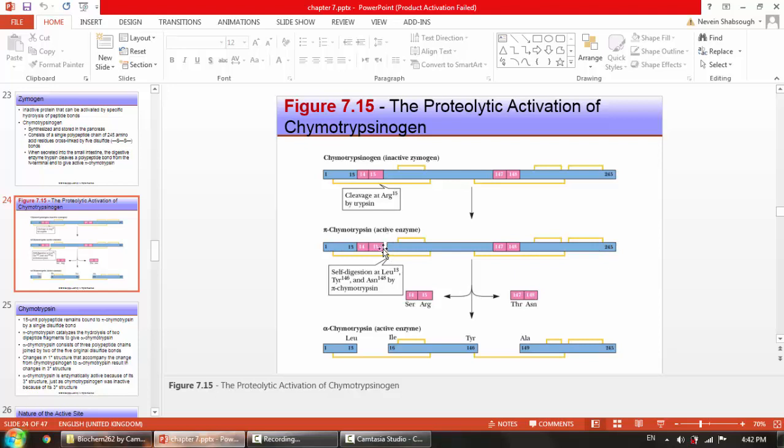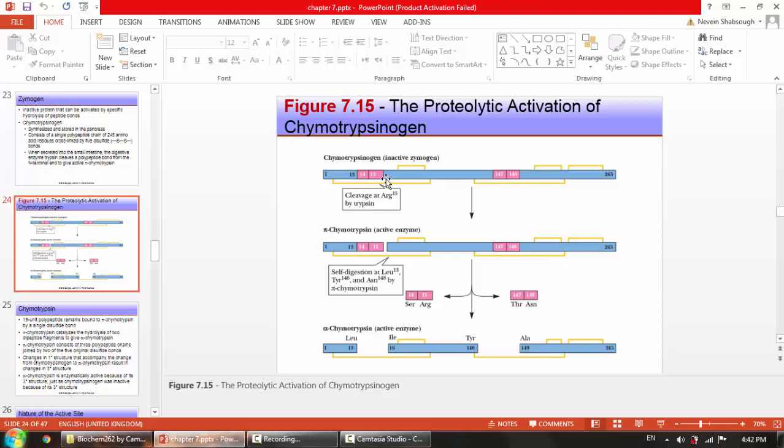Now this protonated form is involved in an ionic bond with the carboxylate side chain of aspartate residue 194. This ionic bond is necessary for the active conformation of the enzyme because it is near the active site.